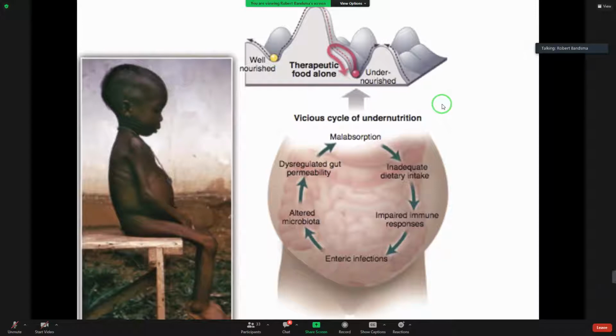There can be an effect then on immune responses, which can affect the susceptibility to intestinal infections, which can then further alter the microbiome. I have a somewhat similar slide, but slightly different later on. So this is how that cycle potentially can occur.